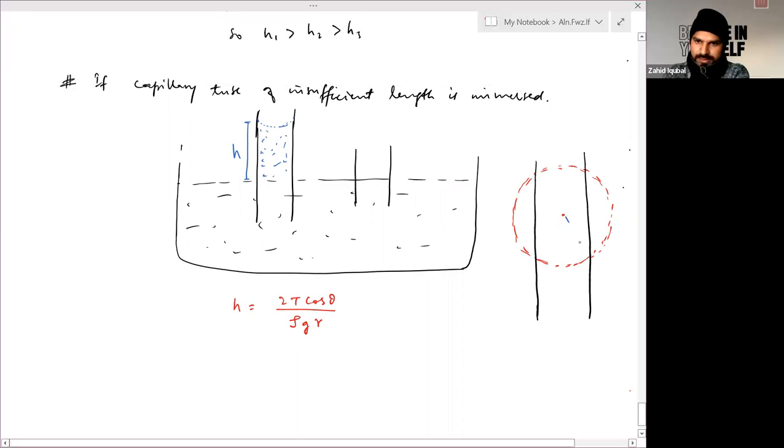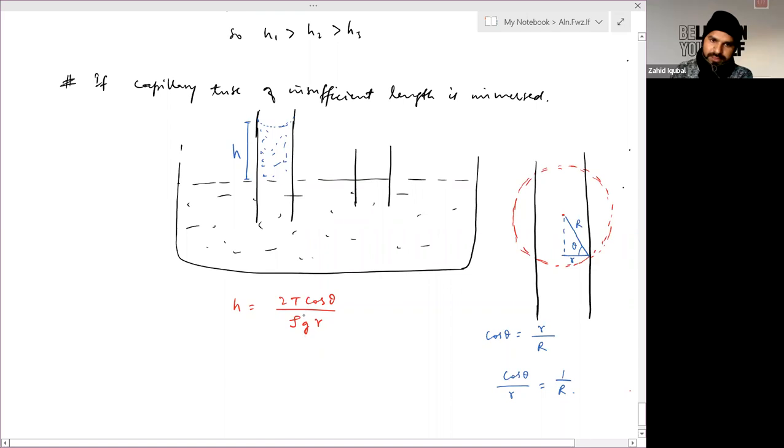Let's say this is radius of bubble and this is radius of capillary tube. So this is capital R, this is small r. So this inclination will also be theta. So cos theta equals base by hypotenuse. So small r equals capital R into cos theta, we can write, or you may write cos theta divided by small r equals 1 by capital R. Is it clear? Yes, sir.